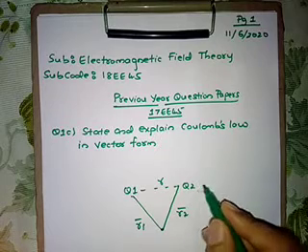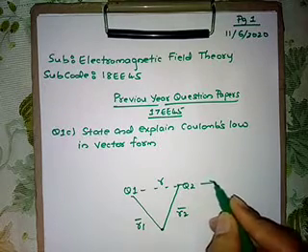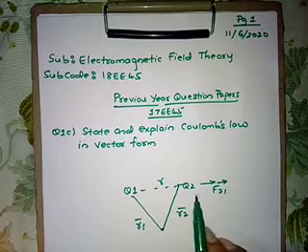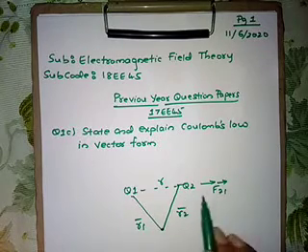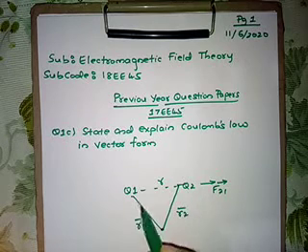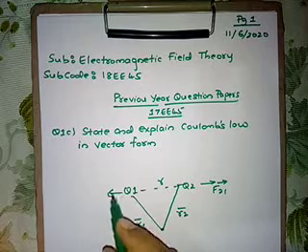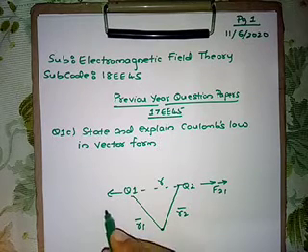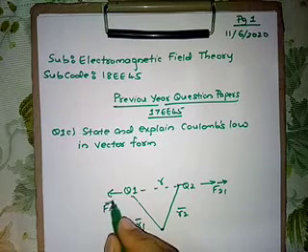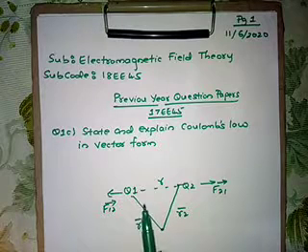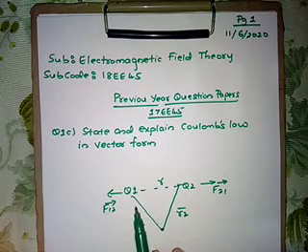So here we have the force F21, that is force on Q2 due to Q1, given in this direction, and the force on Q1 due to Q2 is given by the other direction, that is F12 vector.